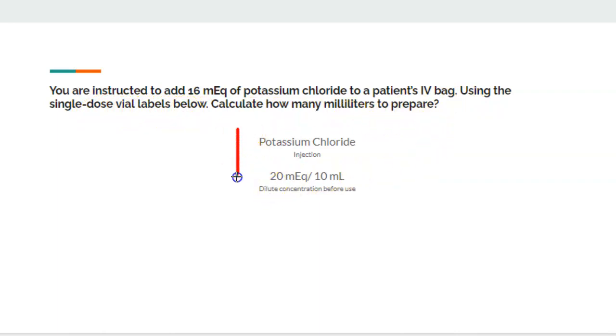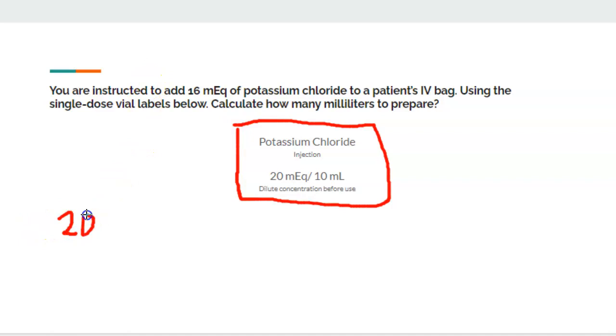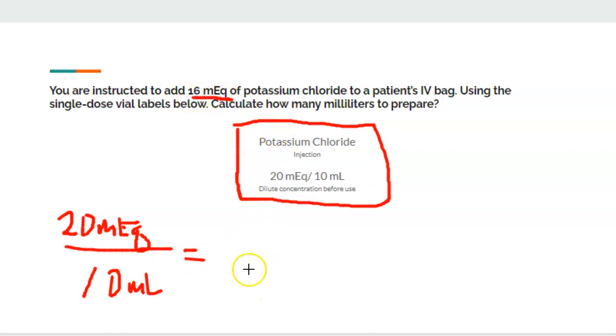So this is our dose in the pharmacy, and we have 20 milliequivalents over 10 milliliters. And we're going to set that equal to, what is our problem asking? It says that we want 16 milliequivalents.